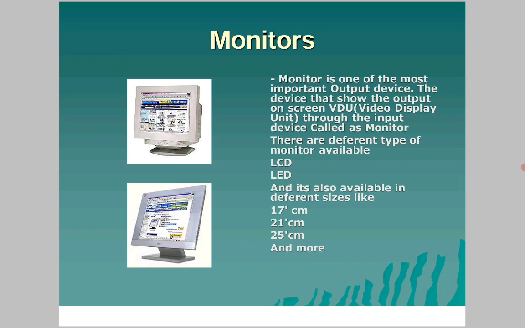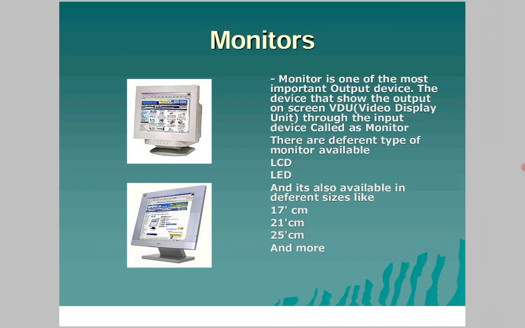Generally monitors have some pointers called cursors used to move around the screen area by using arrow keys like left arrow, right arrow, top arrow, bottom arrow.